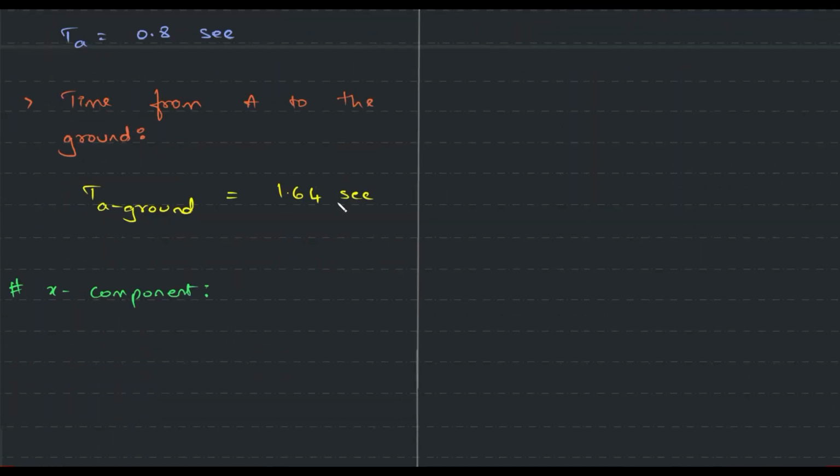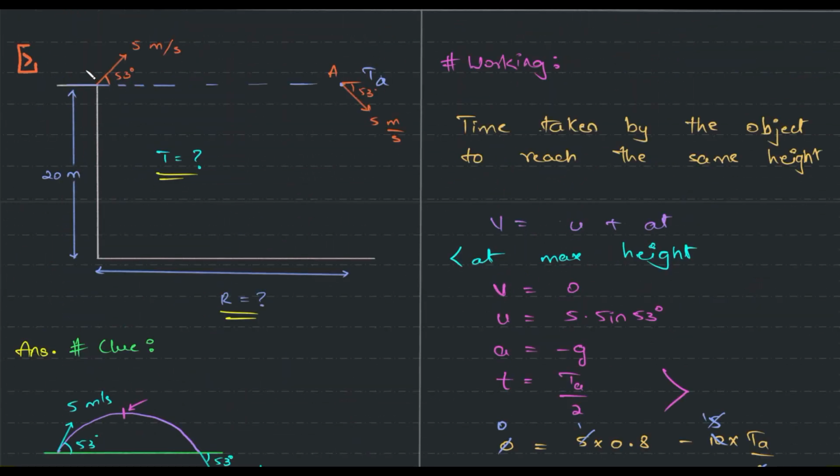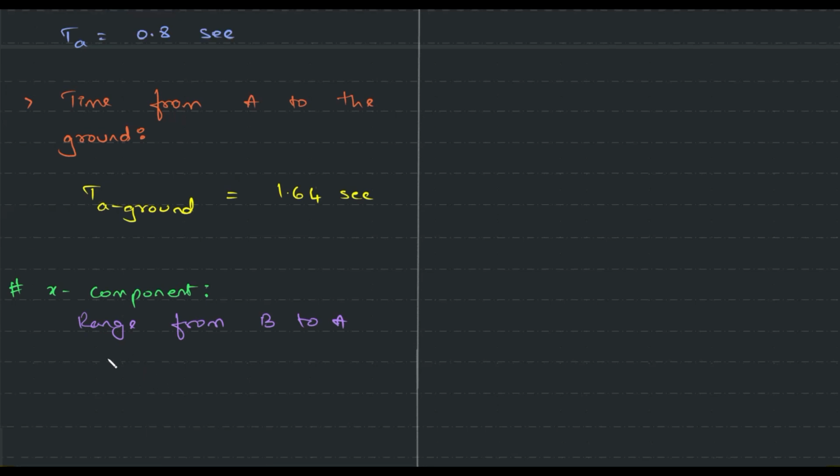We know the time of journey. So range, not distance. Range from B to A. We'll call this as point B. So we know the time of journey. We know the X component. So all you have to do is substitute.